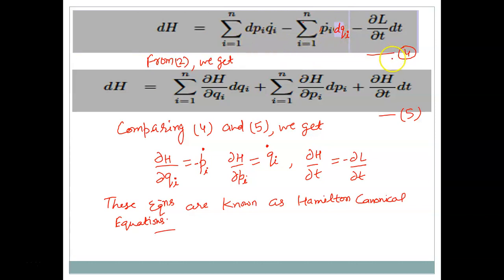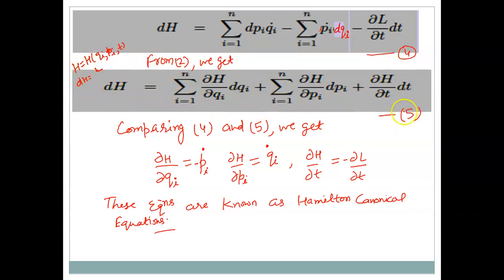Now this is equation 4. Again, you know this H is a function of qi, pi and t, and when you find dH from this, that comes out to be this one. Similar is the case with L. Exactly in the same manner, dH can be obtained like this.